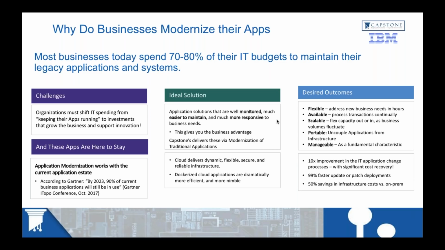Ideally, if a business can figure out how to make their applications a lot easier to maintain and more predictable and reliable for the delivery of updates, they can make them better monitored and better understood so that they know, are the updates, are the changes that they're producing working, are they delivering the desired business value, and make those applications so that they're much more responsive to the dynamic business needs.